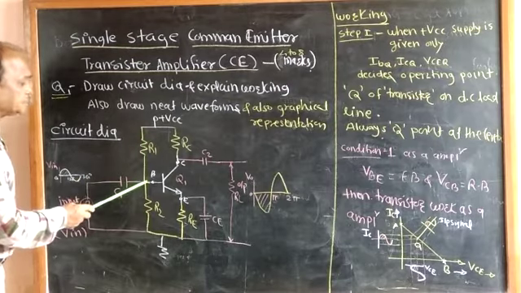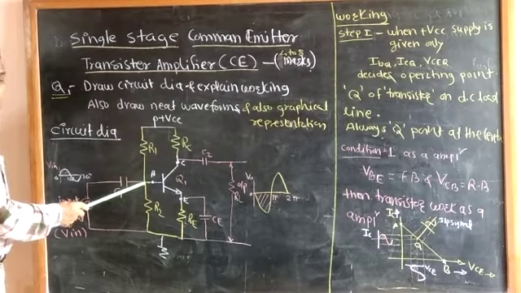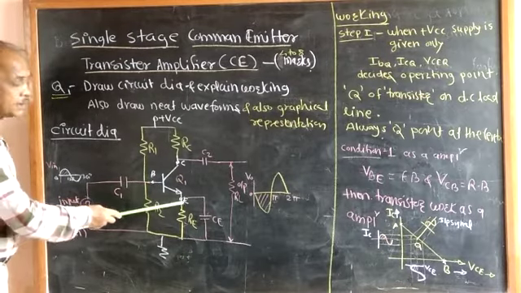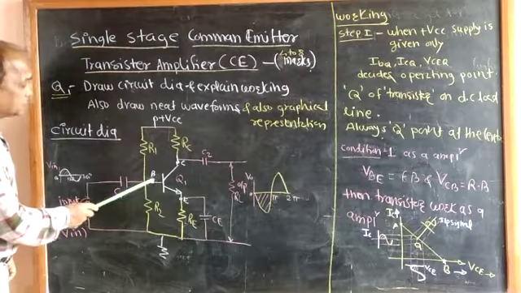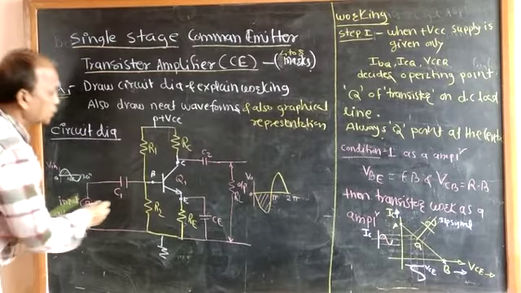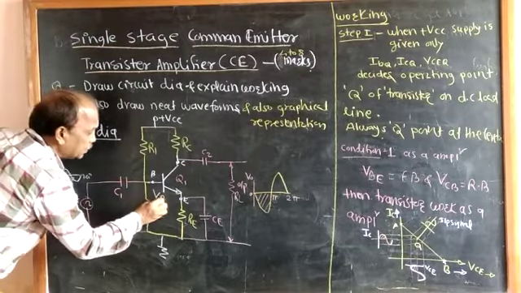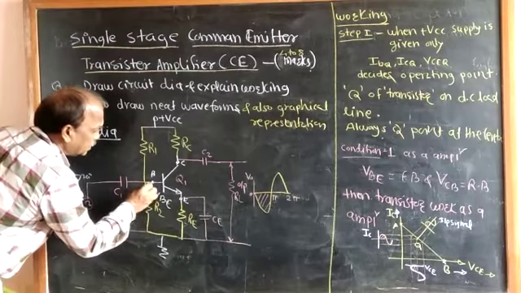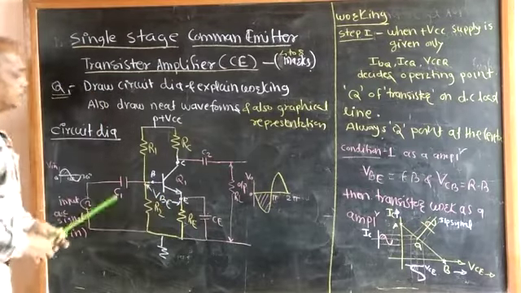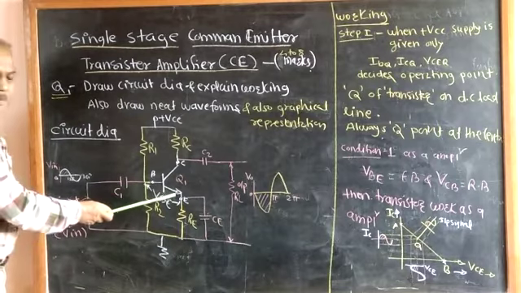Due to this current, voltage is developed between the base and emitter terminals. This voltage is known as VBE, available between the transistor base terminal and emitter terminal.